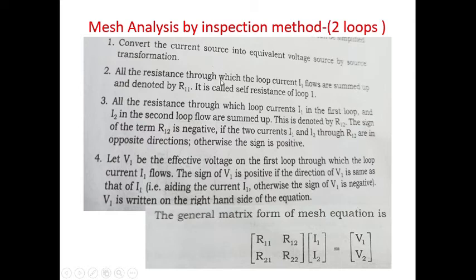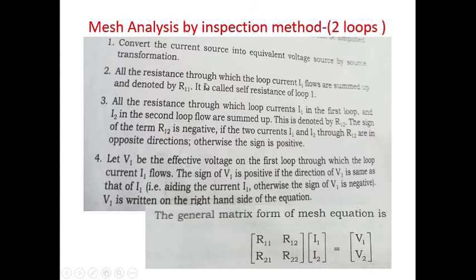Then all the resistances through which loop 1 current flows are summed up and denoted by R11. So we can see the general matrix form of the mesh equation will be like this: R11, R12, R21, R22 into I1, I2 is equal to V1, V2.